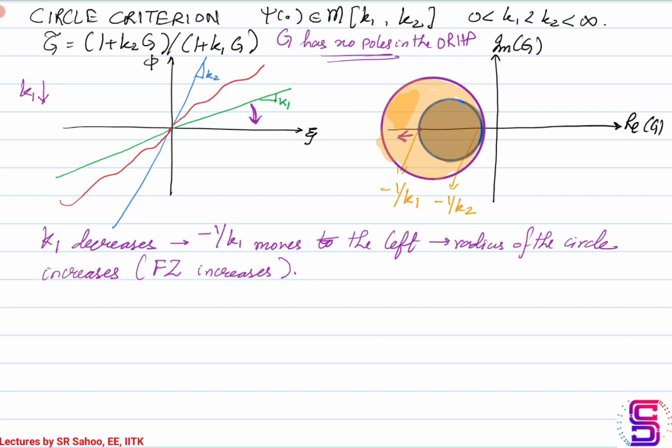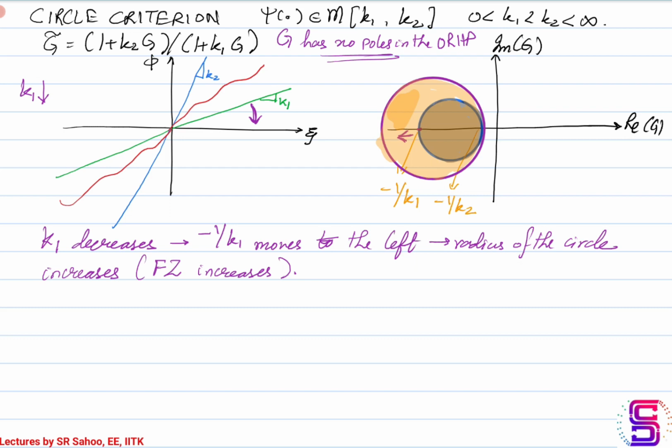So this means the Nyquist plot should not encircle the circle, and the Nyquist plot must not have any intersection with the circle or the region inside. Now this forbidden zone is increasing as the value of k1 drops.